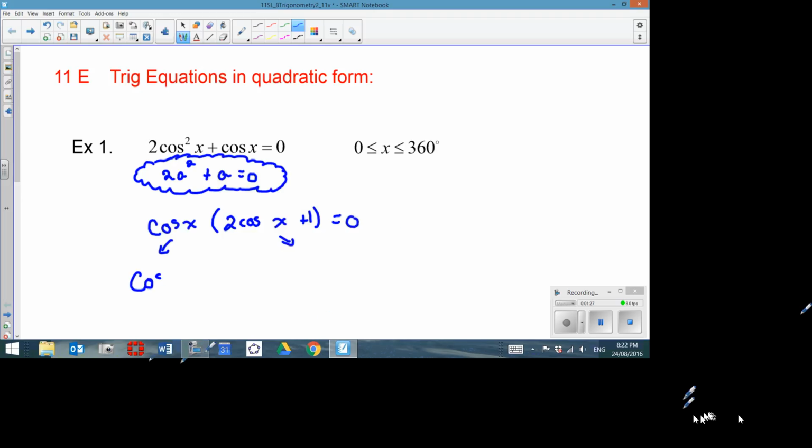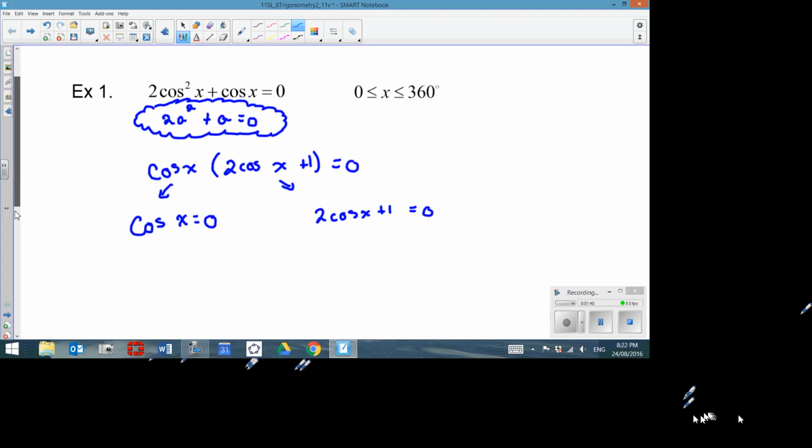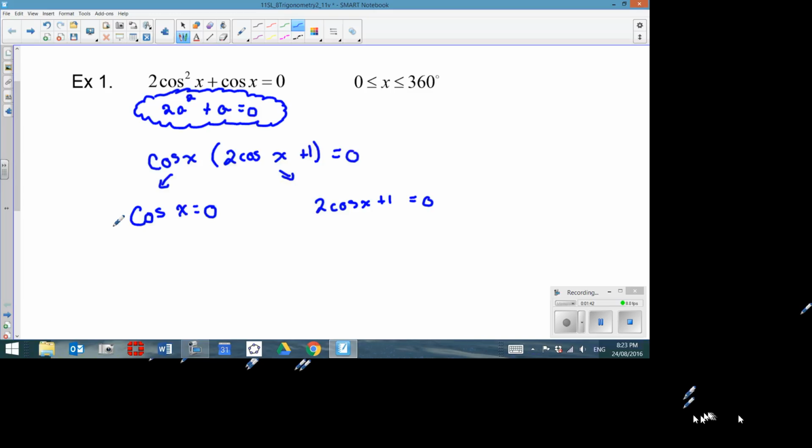So let's see what possible x values we could have if cosine x equals 0, and also if 2 cosine x plus 1 is equal to 0. We now are going back to the trig equation, similar to what we solved just a few sections ago. Cosine x right now is already isolated, so when does cosine equal 0?